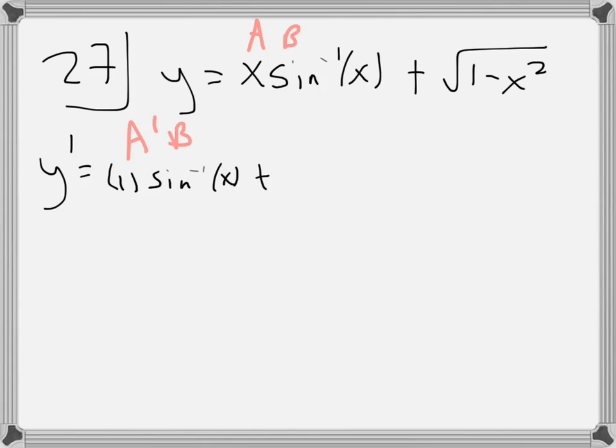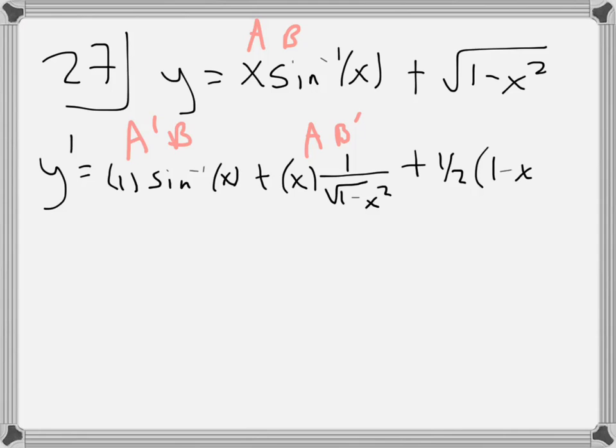And now I have a b prime, and a is x, b prime is 1 over the square root of 1 minus x squared. And then the last term requires the power rule followed by the table.